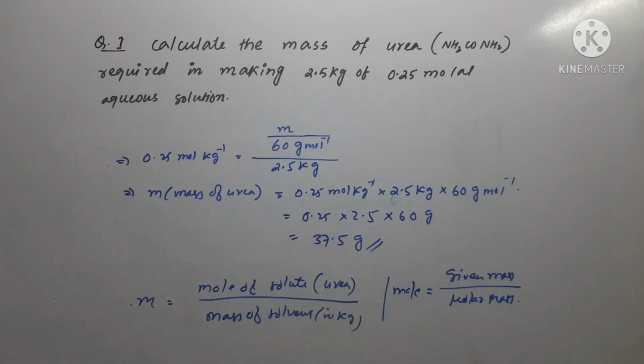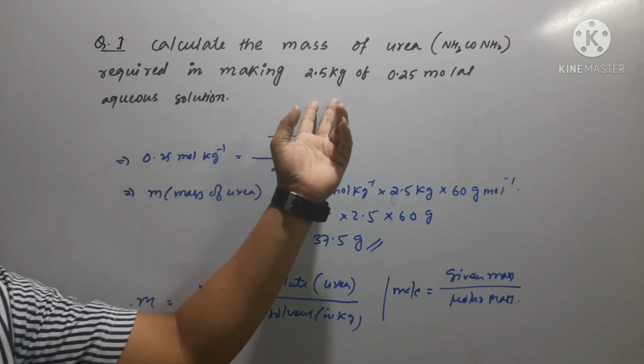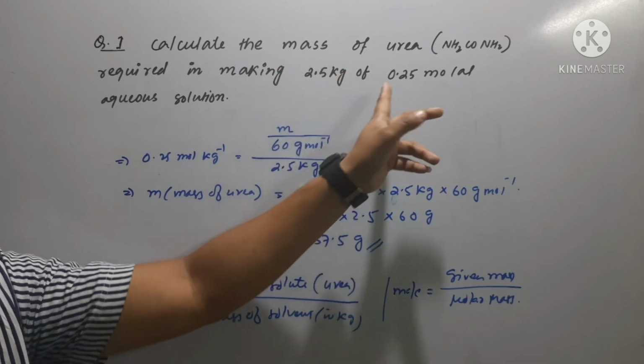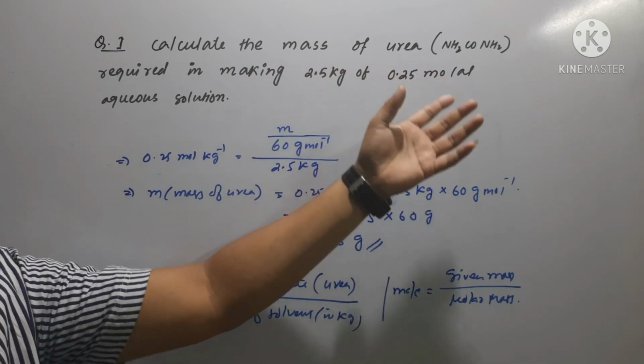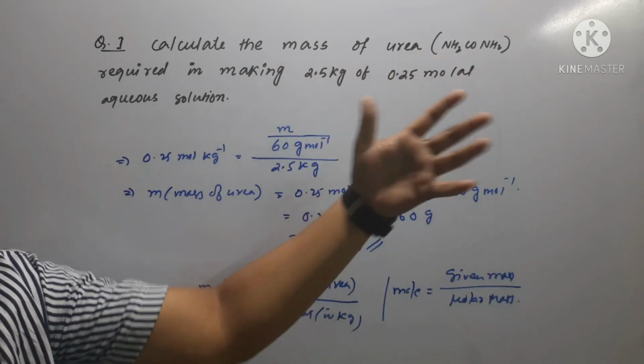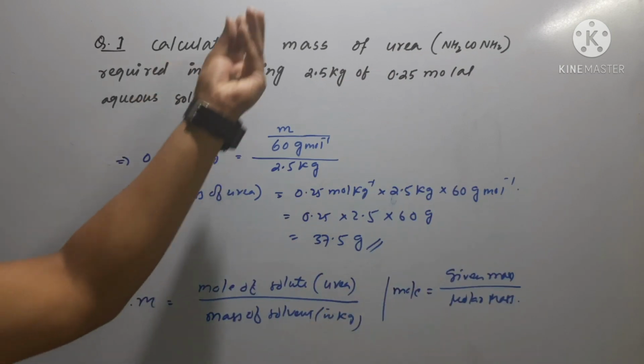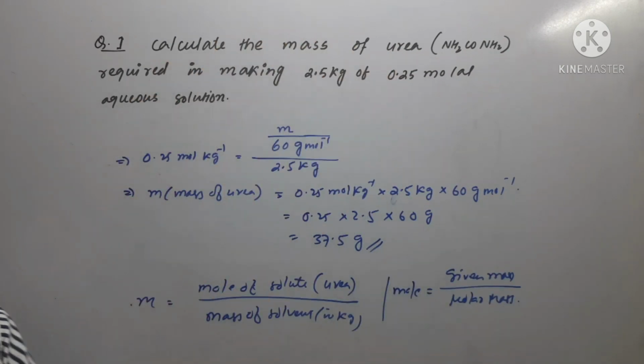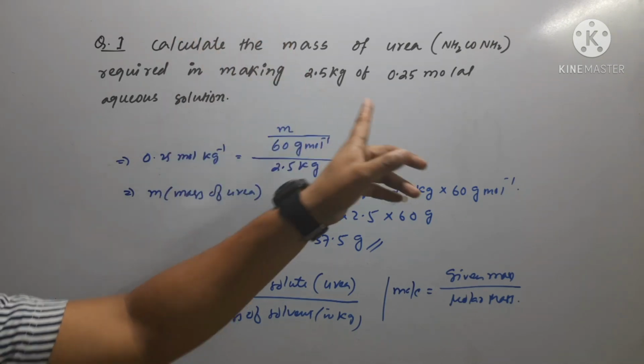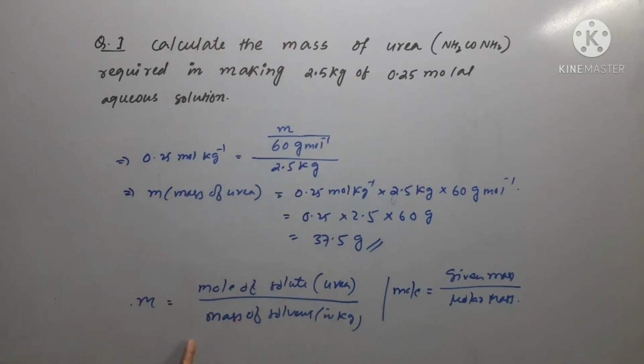37.5 gram. Okay guys, this is what the question asks, and we have calculated it very easily. The mass of solvent is given to us, and the molality of the solution is given to us. From this molality value we can easily find the mass of urea used to prepare this, because molality equals mole of solute divided by mass of solvent.